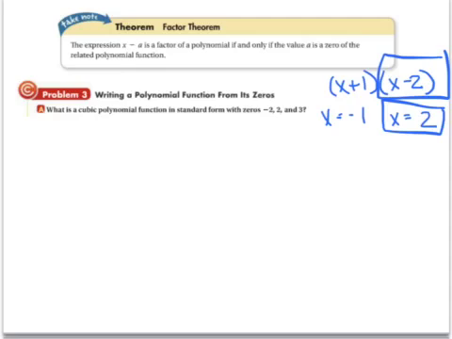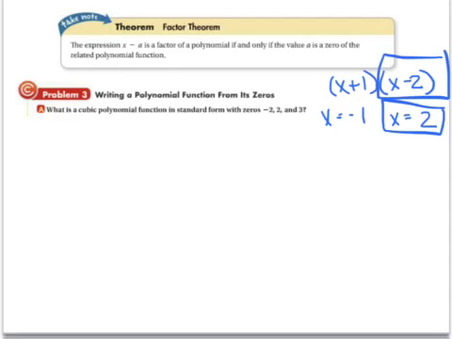You guys already know that. You take the factor, you find the 0. If we got a 0 of 2, then we know that came from x minus 2. We did this a little bit at the end of chapter 4 with our quadratics.